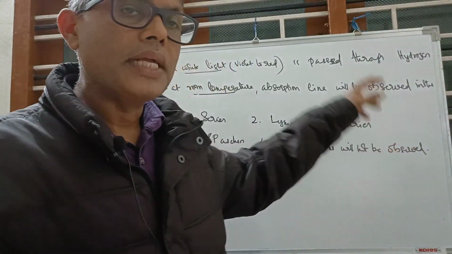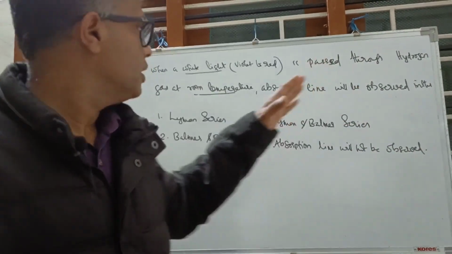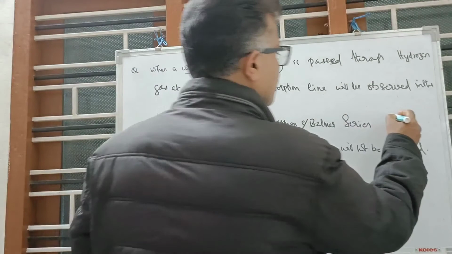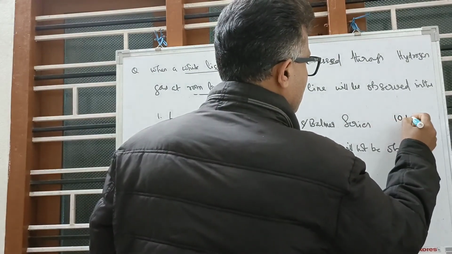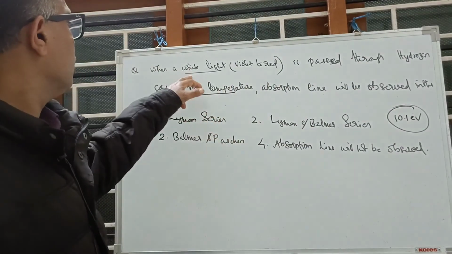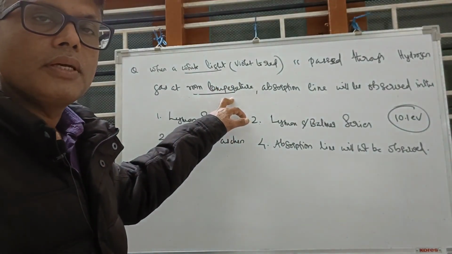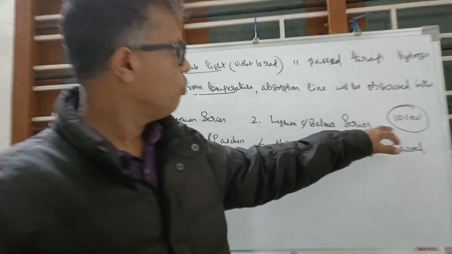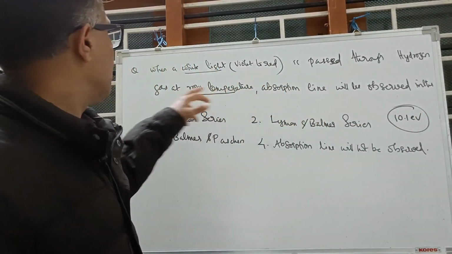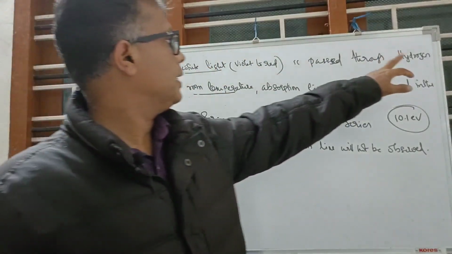I told you that 10.1 electron volt is required for a jump from this state to this state. That 10.1 electron volt is not available with white light at room temperature. Very clear, no? This 10.1 electron volt, hydrogen atom.